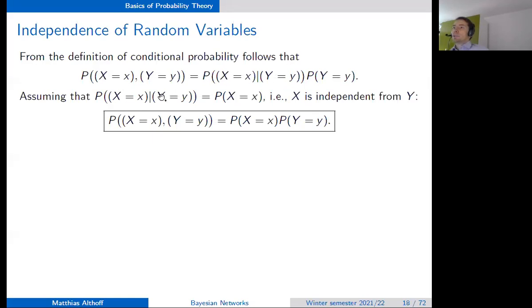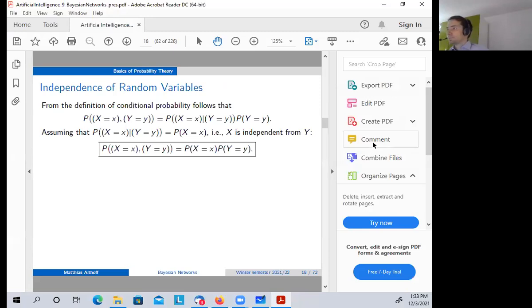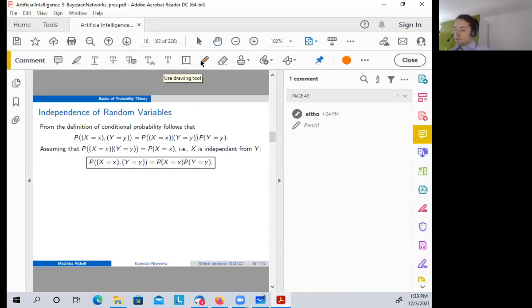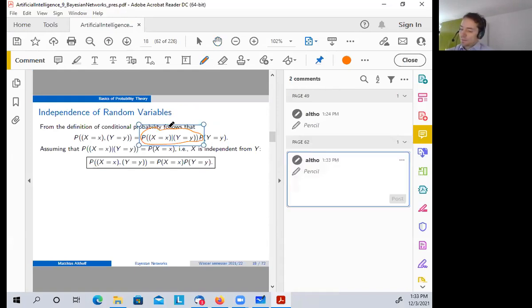And then if you replace this here with the probability of x, you obtain this formula that the joint probability is the same as the probabilities of these individual random variables multiplied with each other.